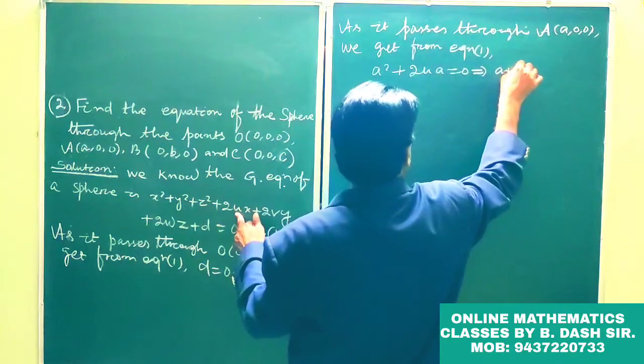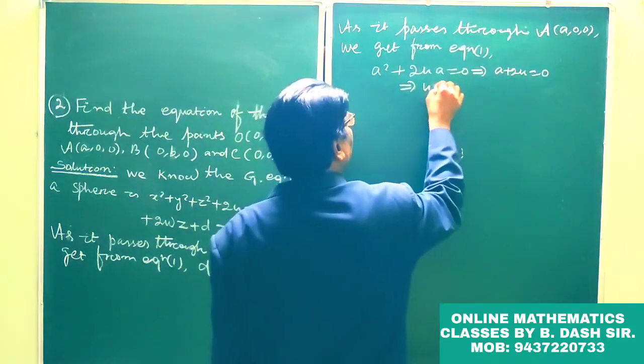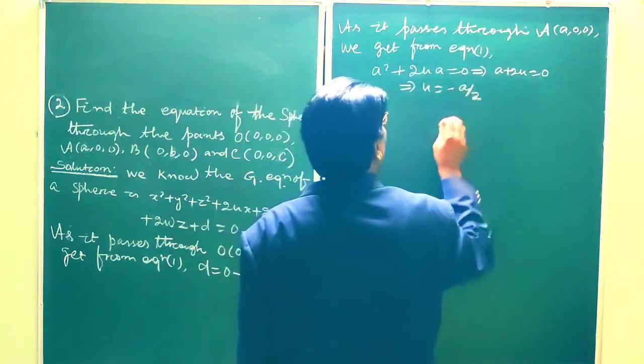Implies a plus 2u is equal to 0. Implies u is equal to minus a by 2.